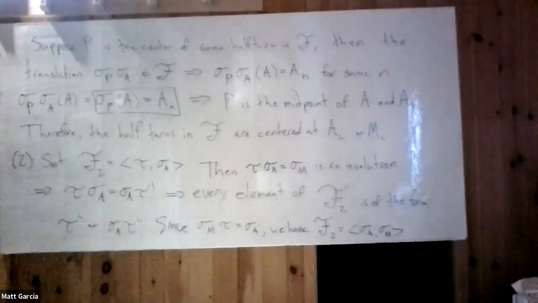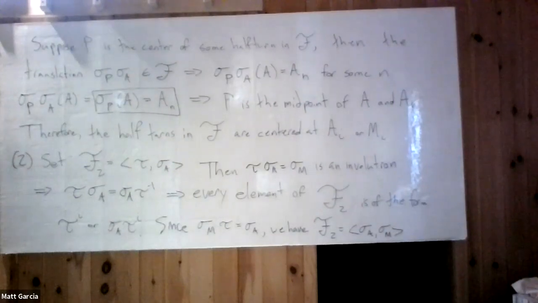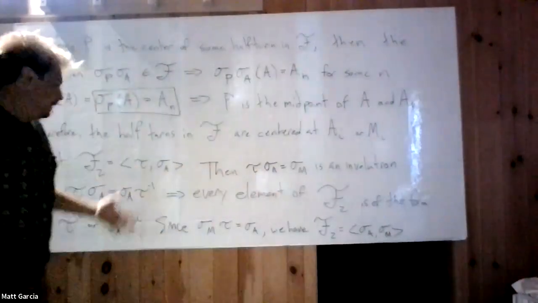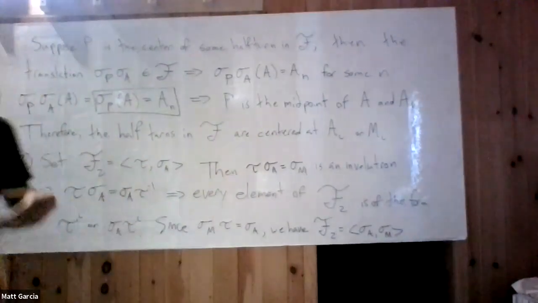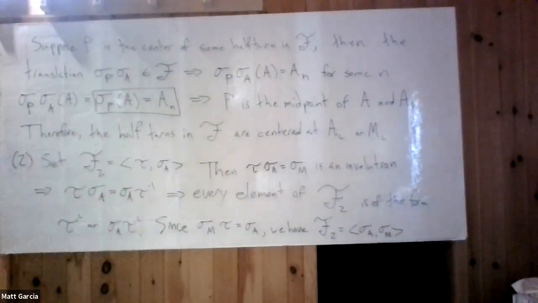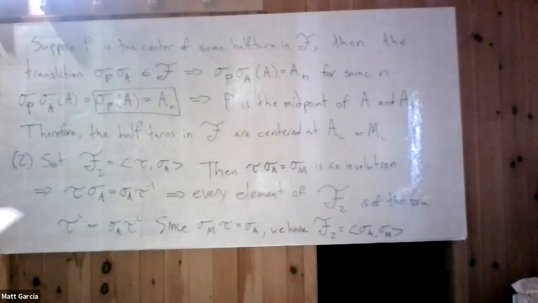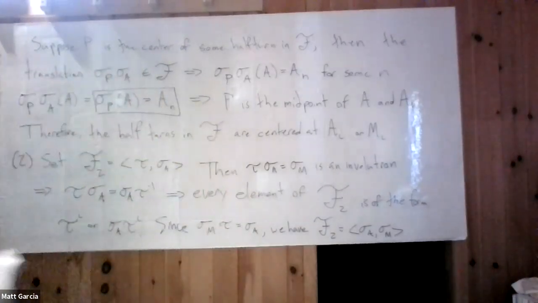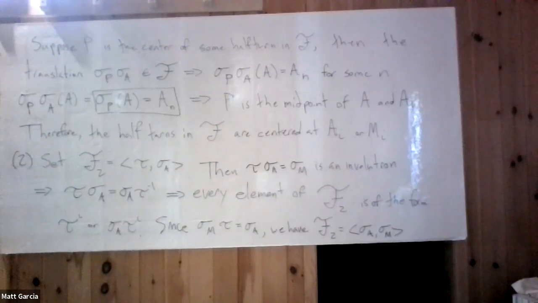So when I write it in this form, it's not transparent exactly where tau is. But of course, remember, the product of these two half turns is a translation. That is to say, sigma M times sigma A is just equal to tau. So that's where the translation appears.